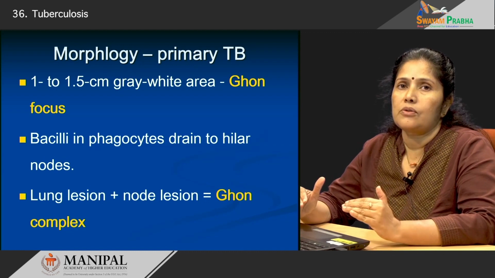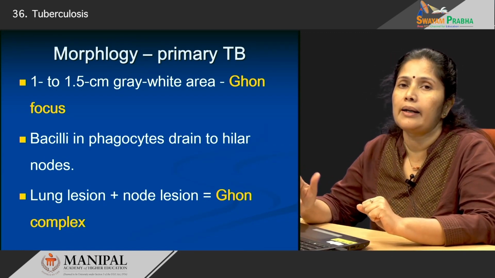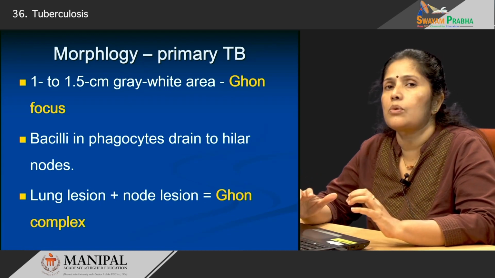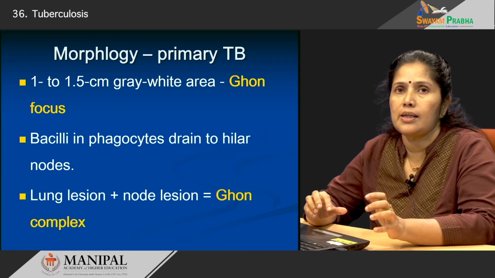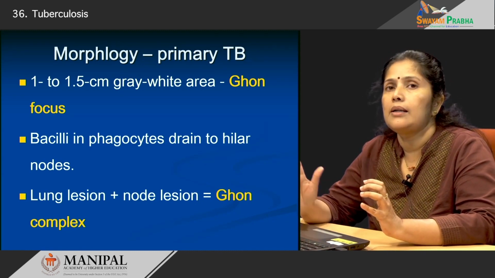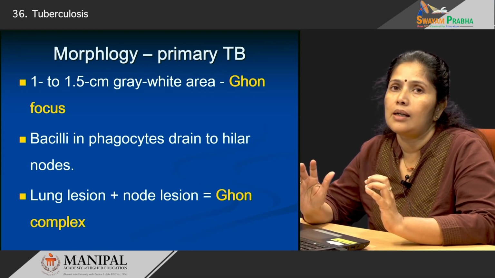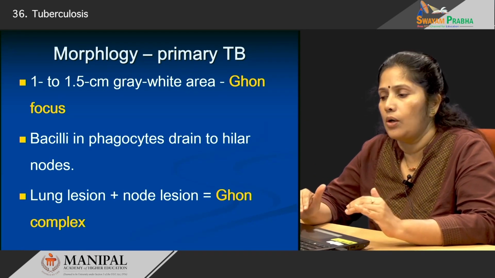This combination, where there is a lung lesion along with hilar node involvement, is known as a Ghon's complex. The Ghon's focus was the lesion in the lung, and when it is accompanied by enlargement of the hilar lymph nodes, the combination is known as a Ghon's complex.